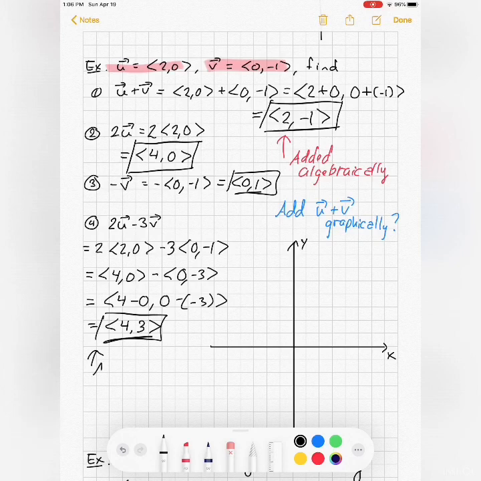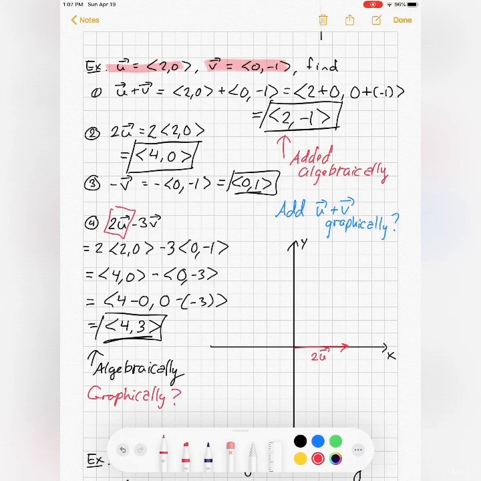But I was kind of interested in, so here I did this algebraically. I'm interested in, well, how would I do this one graphically? Okay, so to do this, I'd start with twice the vector u. Twice the vector u would be go right 4 and up 0.